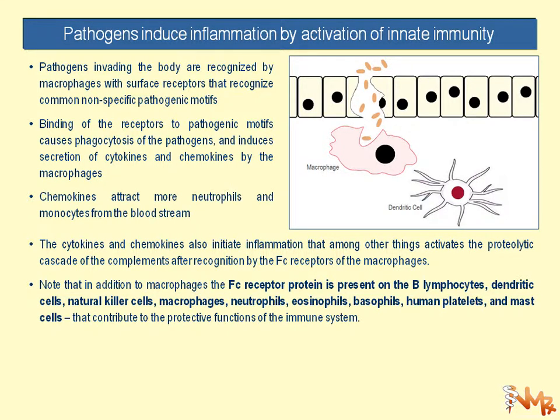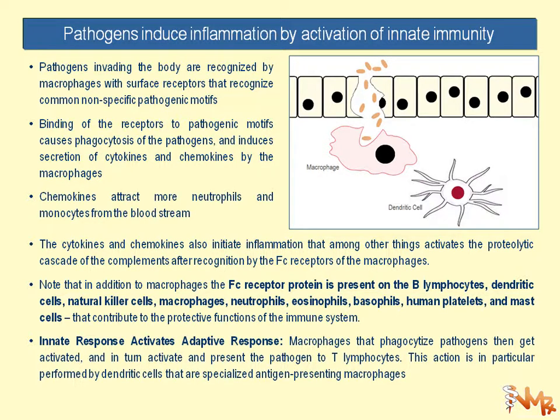Note that in addition to macrophages, the Fc receptor protein is present also on the B lymphocytes, also on dendritic cells, also on natural killer cells, macrophages, neutrophils, eosinophils, basophils, human platelets, and mast cells. So all of these cells express Fc receptors, and this contributes to the protective functions of the immune system in general.